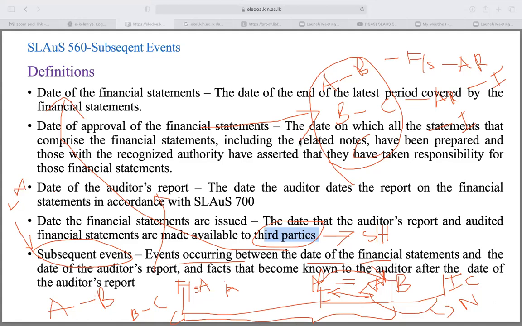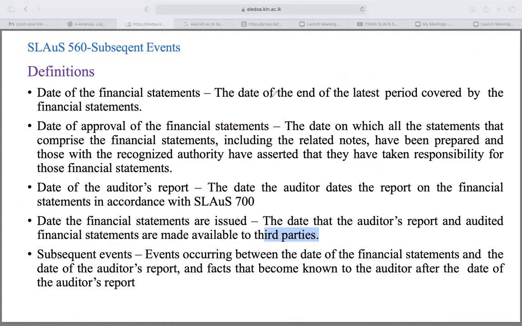So these three timelines we are talking about under the SLAUS 560 subsequent events. So let's see these three timelines, right?